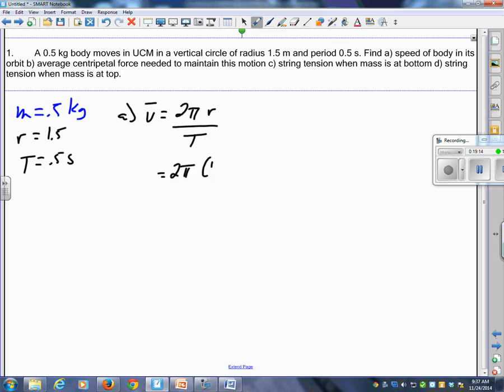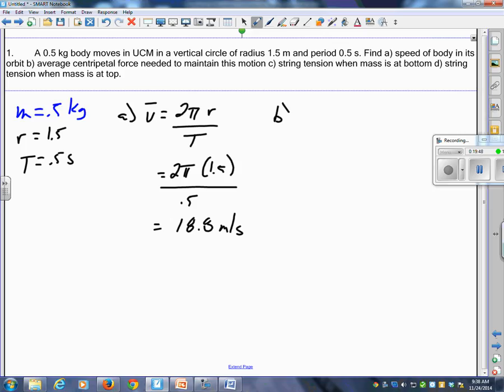Radius 1.5, period 0.5. Okay, that's pretty much straightforward arithmetic. 18.8 meters per second. Everybody good?